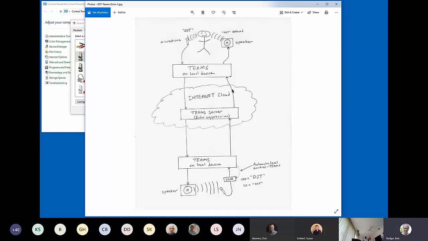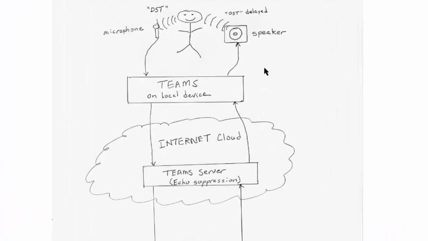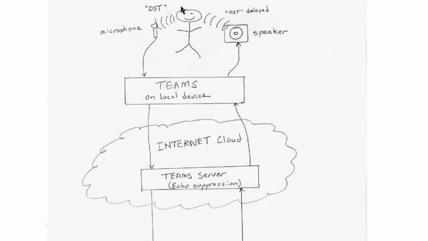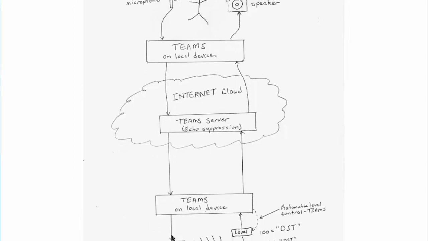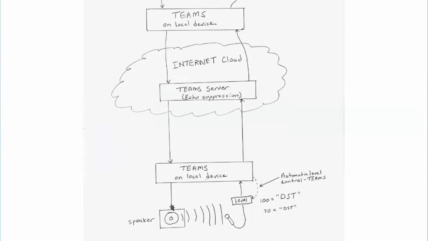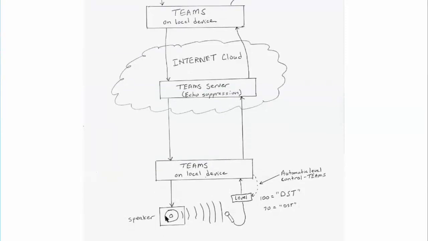But here's my wonderful diagram to explain why what I did makes that echo go away. Here's Susan up here. She says DST, sound waves go over here, hit her microphone, go through software processing in Teams on her device, go out across the internet, through the cloud, through routers, hit the Teams server somewhere up in the cloud, go through more routers, and come down to Teams on my computer, and here's my external speaker that DST comes out of.